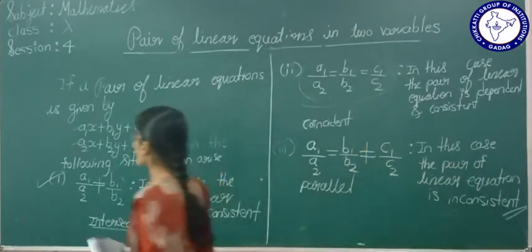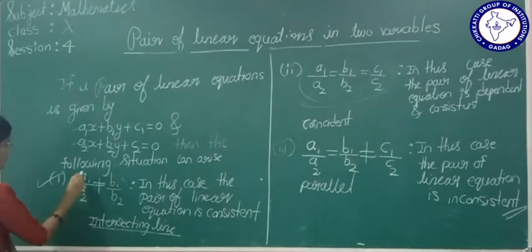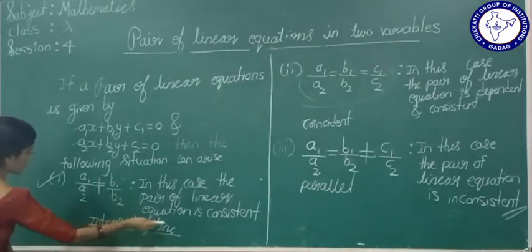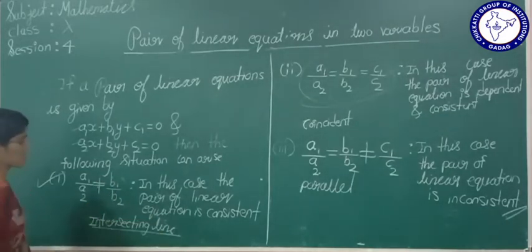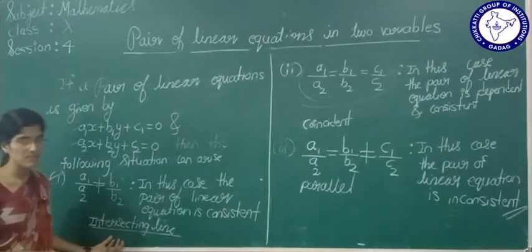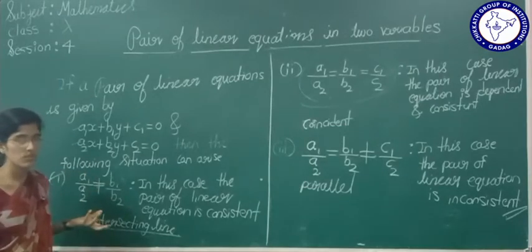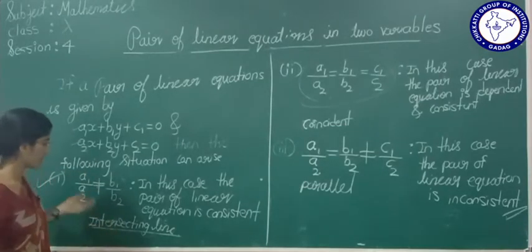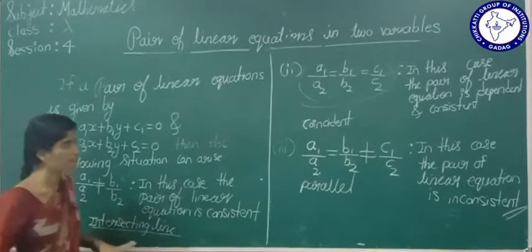Okay. The first condition: if a1 by a2 is not equal to b1 by b2, the lines are intersecting lines. Whatever we draw in a graph will be intersecting lines.